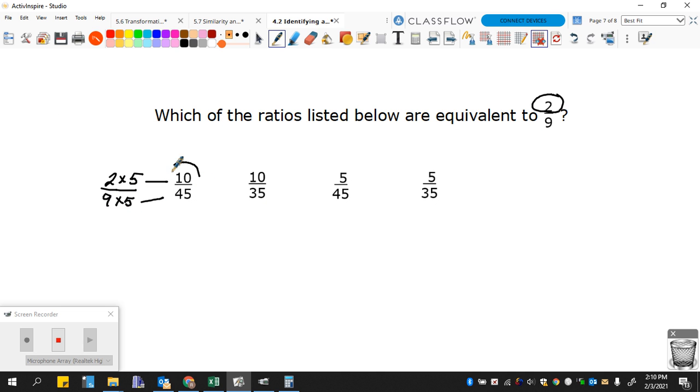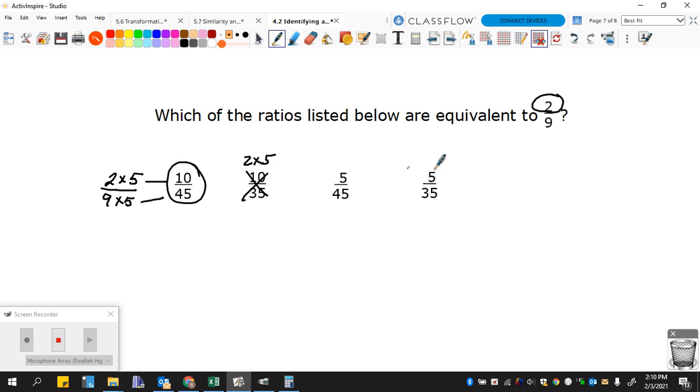So that is one. Here we have 2 times 5, but 9 times 5 is not 35.